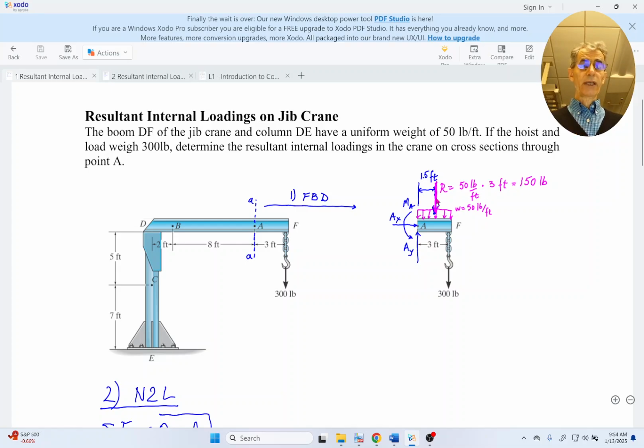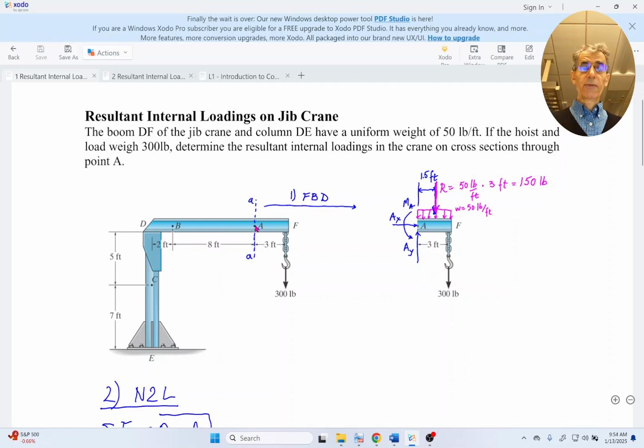And we put that reaction at the middle of this width of 3 feet, where we expect at 1.5 feet to be the centroid for that resultant to act.